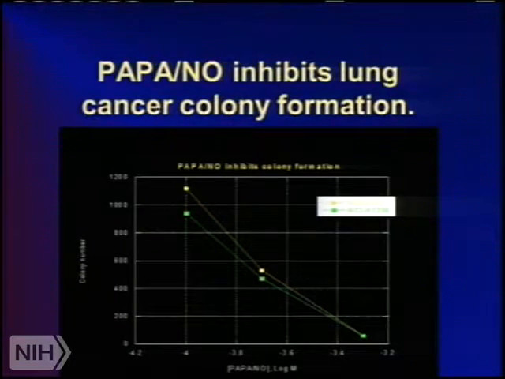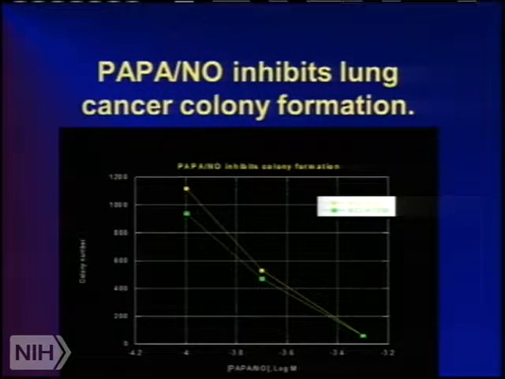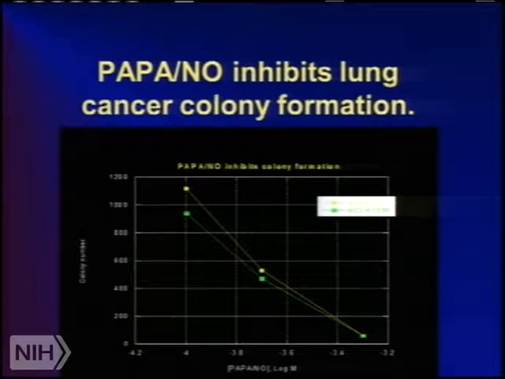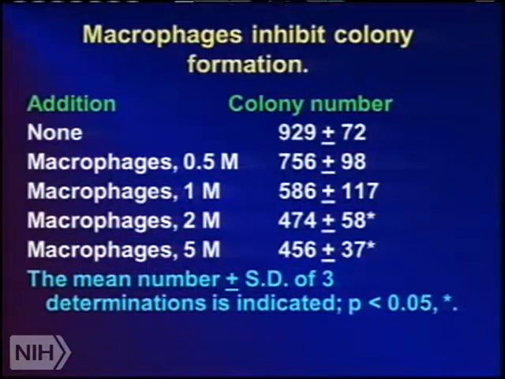And here we've done a colony forming assay, and we've added Papano, and we see when we add 100 micromolar concentrations, the number of colonies goes down, in 2 different lung cancer cell lines. And another thing that you can do in this colony assay is you can just add macrophages to it, because they don't really interact with the cancer cells and they don't form colonies, but what they do is they can deliver the nitric oxide. And you see the colony number goes down as you add more macrophages to your cultures.